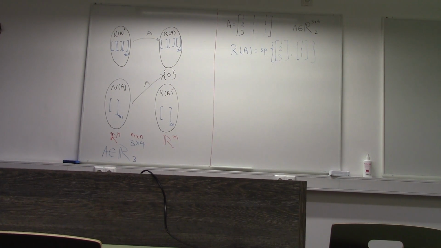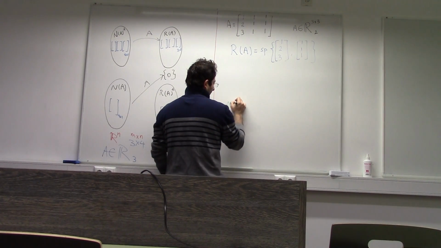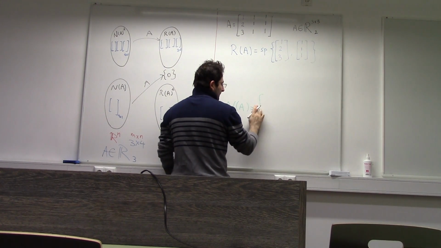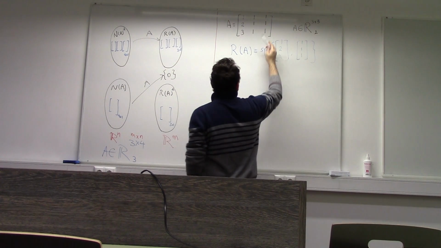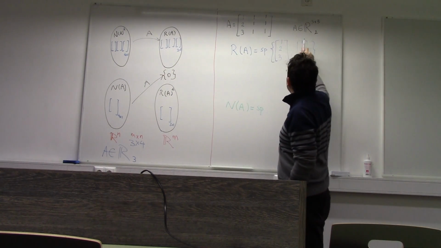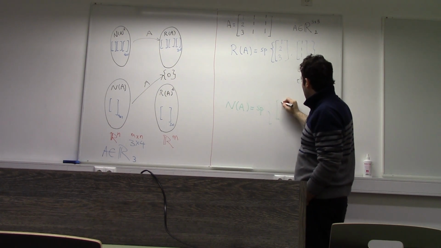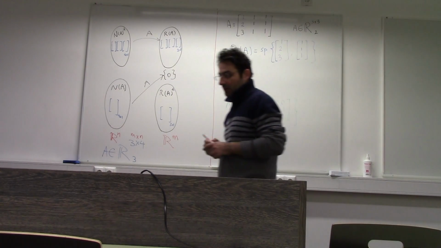So, what about NA? It's a span of, for example, let's pick up this one, and if it is multiplied by 0, minus 1, 1, it will take out into 0, right?